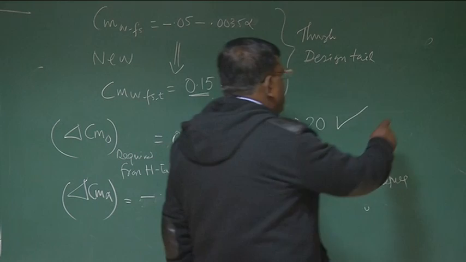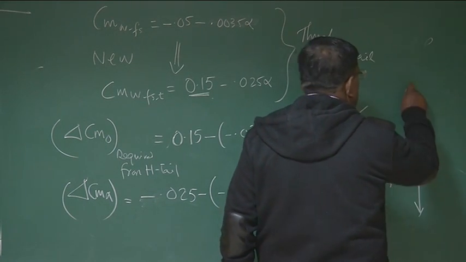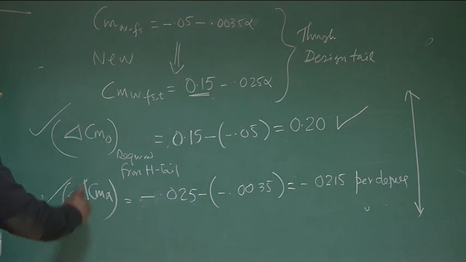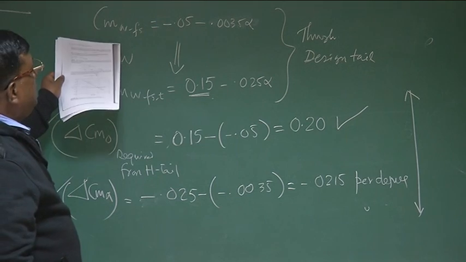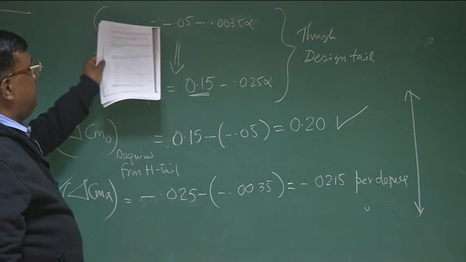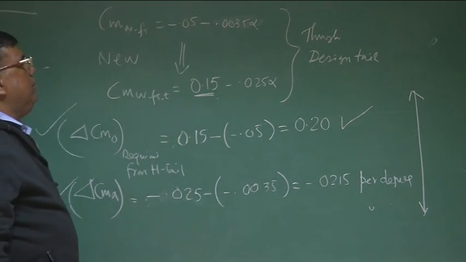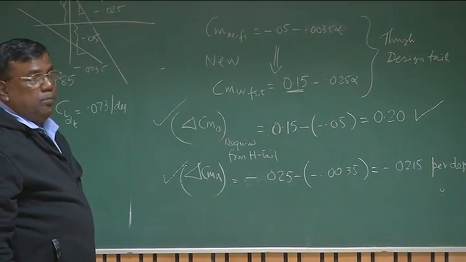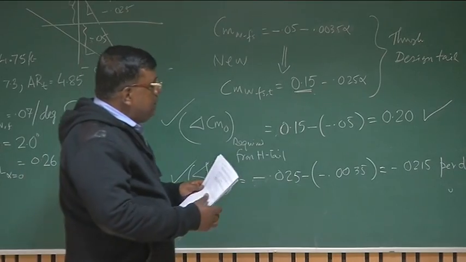So again I repeat, this is the additional Cm naught and Cm alpha required to convert the pitching moment characteristics from minus 0.05 and minus 0.0035 to plus 0.15 and minus 0.025. So how much do we have to do?